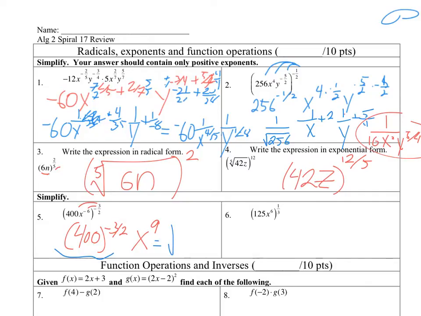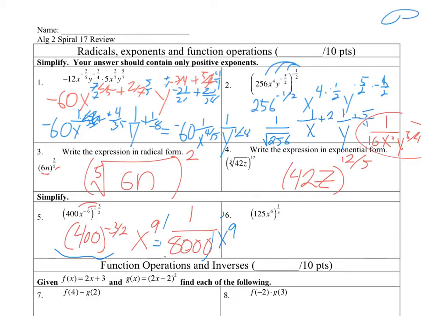And that means I'm going to do the square root of 400 to the negative 3. I like keeping the negative with the exponent. It makes my life a little bit easier. x to the 9th. Square root of 400 is 20. 20 to the negative 3, that's going to be a big number. It's going to be 1 over 20 to the 3. 20 times 20 is 400, times another 20 is 8,000.